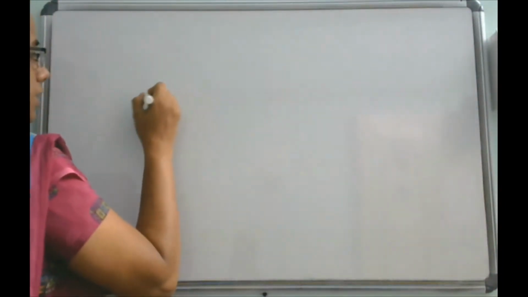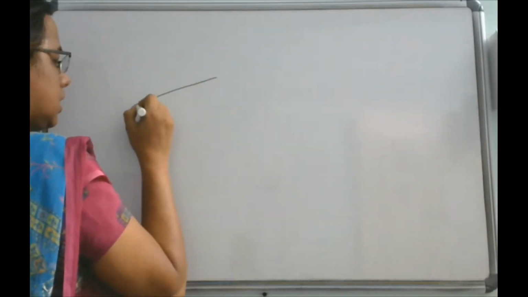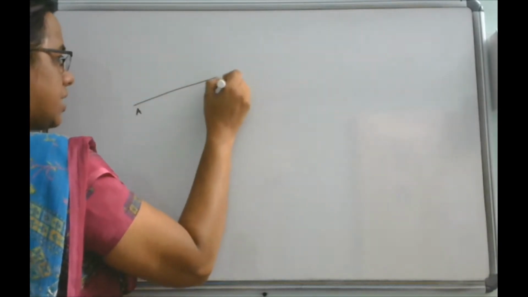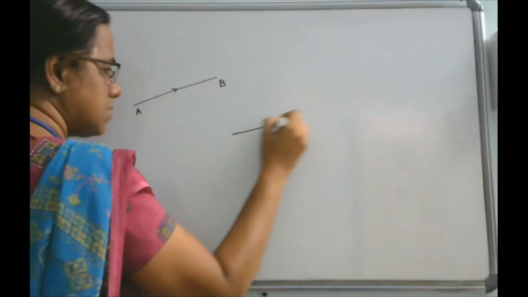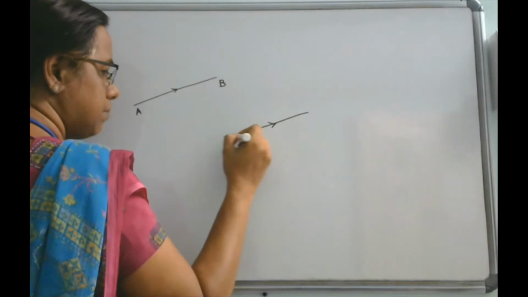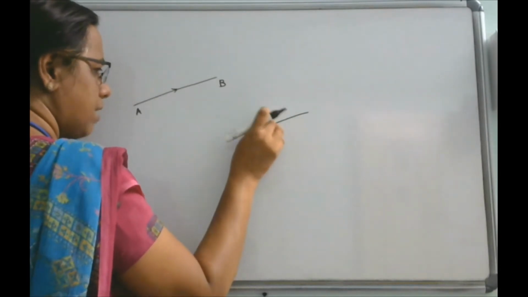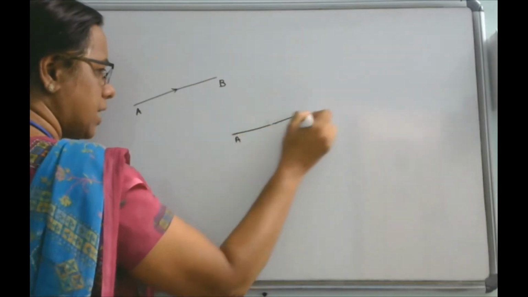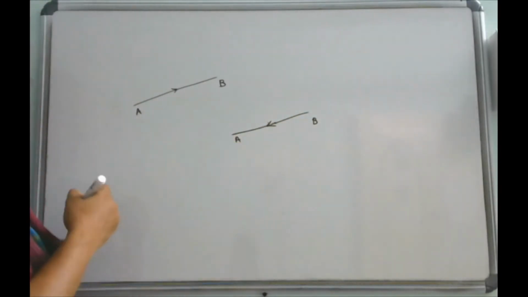So when we talk about the vector, suppose it is vector AB I want to mark. It is like this. The direction is shown in this way. Vector BA means, to differentiate these two, BA can be represented by putting the arrow the other way, like this.